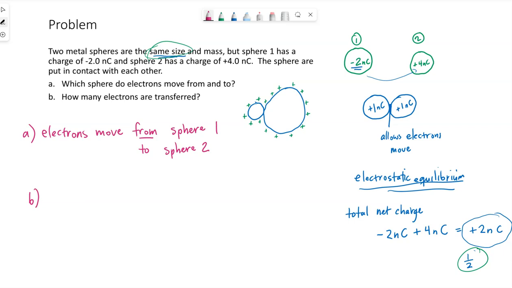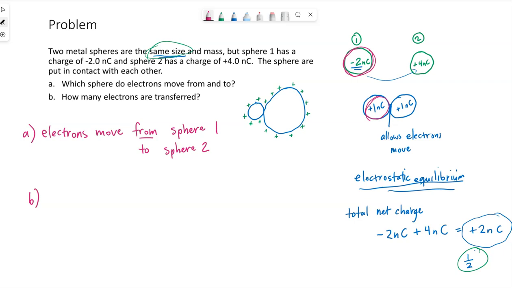Okay, B, how many electrons are transferred? Okay, so sphere 1 starts at -2 nanocoulombs, but ends up at +1 nanocoulomb.